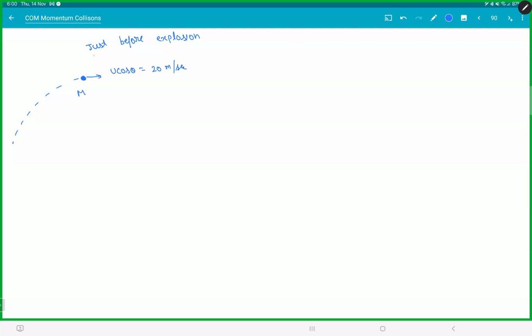Just after explosion, we have one particle m by 3 going with 10. Now if it is retracing the path, what does that mean? The particle went back the same way. It must also have a speed of u cos theta, isn't it?